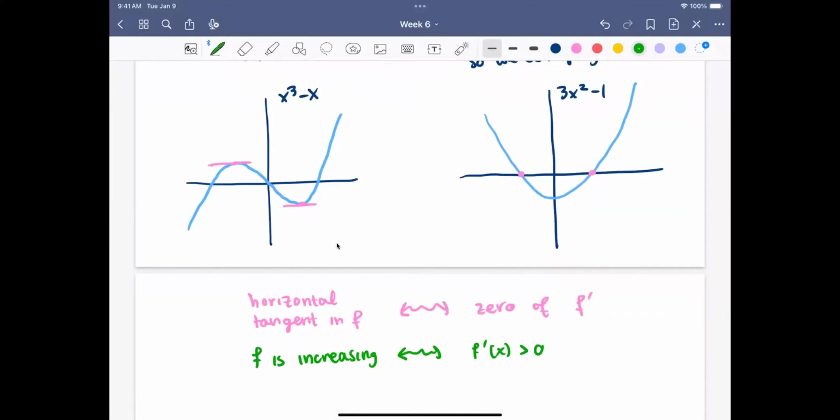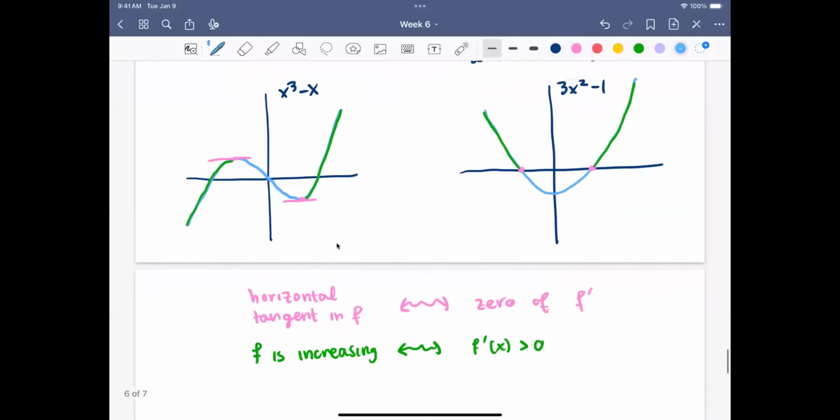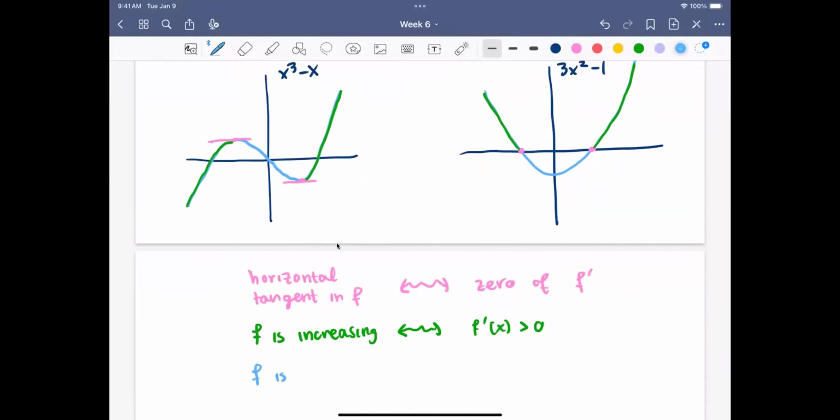Let me color in those parts of the graph. We're increasing here and here, and we're above the x-axis here and here. And the other part, which I'll just leave blue, is if F is decreasing, that corresponds to when F prime of X is less than 0.